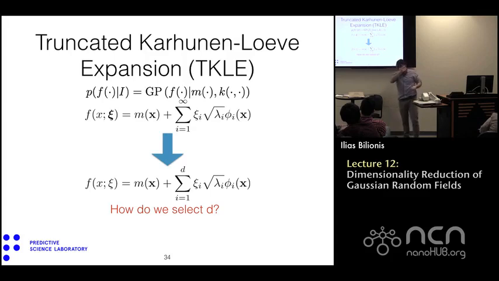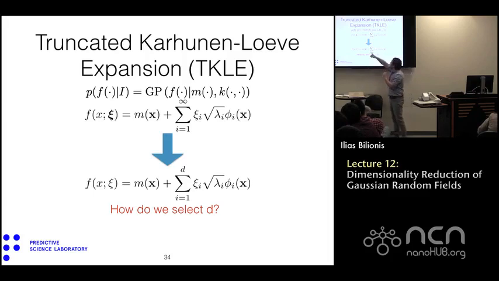There's another theorem, also from Hilbert spaces, and it says something about the variance of the field. The variance of the field at a given point is the sum of all the eigenvalues. So if you sum all the eigenvalues, you get the full variance of the field.